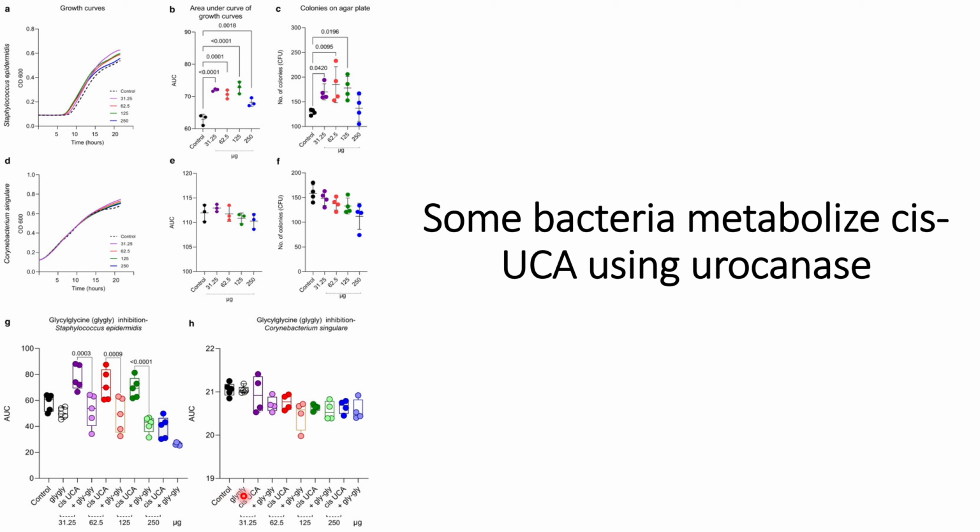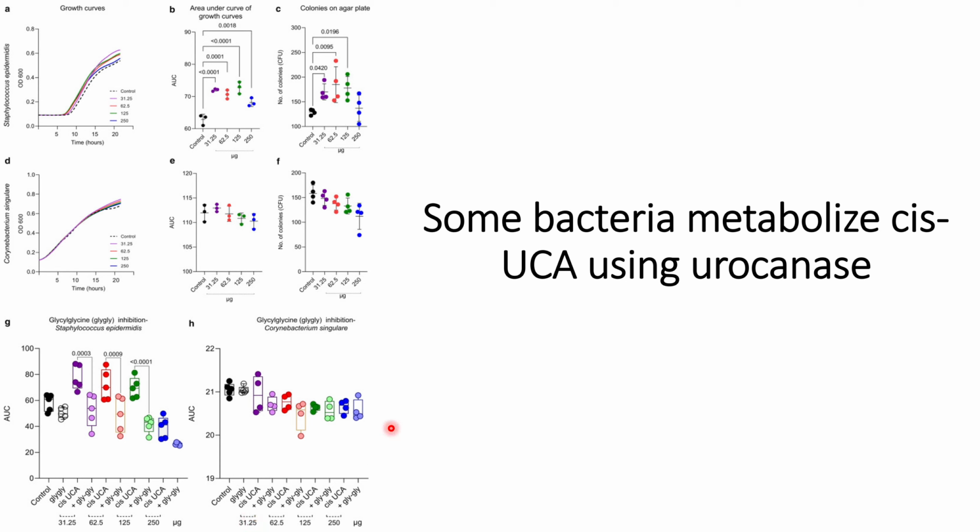But when they checked the negative control bacteria, glycyl glycine inhibition in Corynebacterium, they do not see any significant changes in the area under the curve when they use the urocanase inhibitor and cis-UCA at different concentrations.